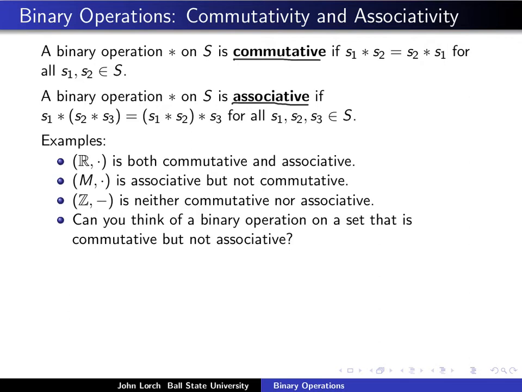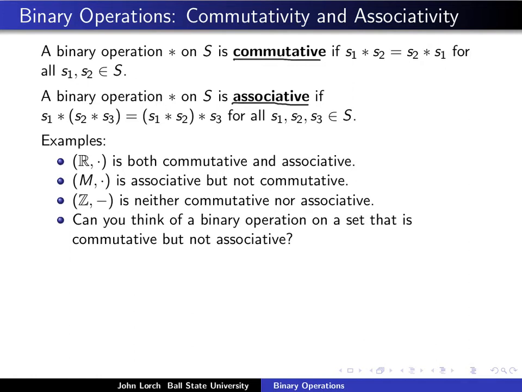So now if we move from multiplication on real numbers to multiplication on matrices, we keep the associativity, but the commutativity no longer works, right? You might remember from linear algebra that matrix A times matrix B may not yield the same result as matrix B times matrix A.